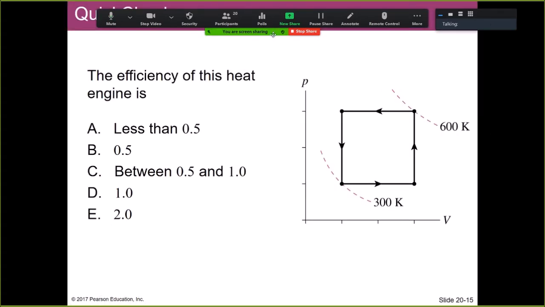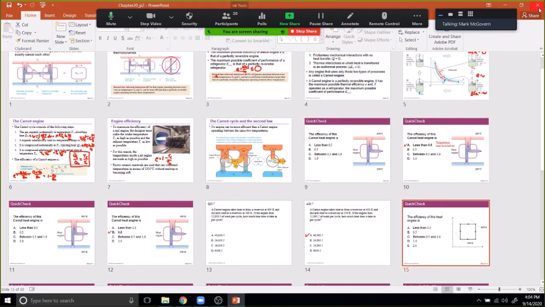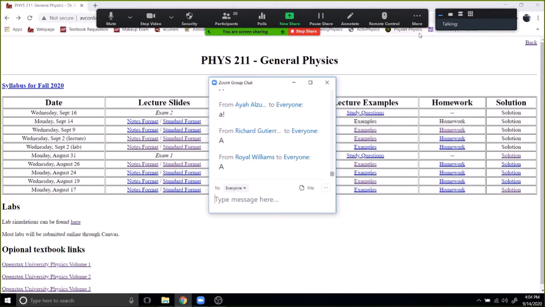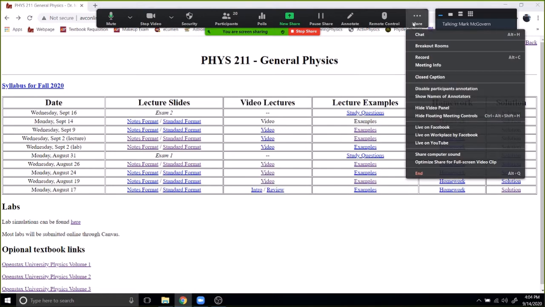Excellent. Okay, give me a second here because I'm not really happy with what Zoom's doing right now. So I'm going to say don't save changes. Let me go back. Give me 1 minute here. No, the glove makes everything better. I feel a little more empowered, but I don't know.